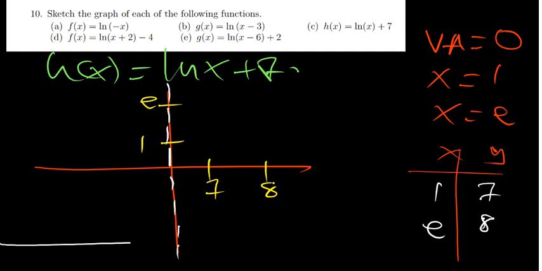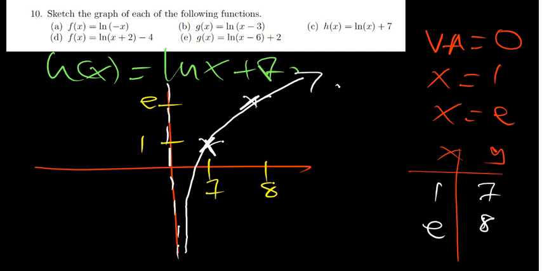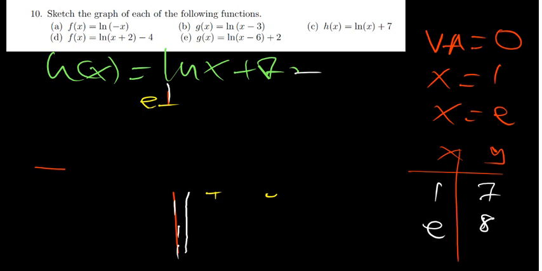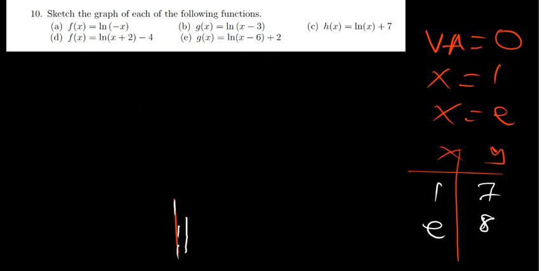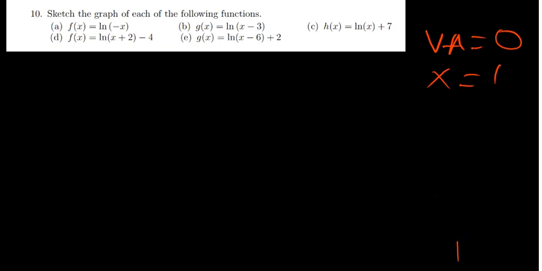Horizontal is in this line, vertical is there. So now we are saying 1, 7 is this point. e, 8 is this point. Running away from the asymptote, going there. That is our graph. A very nice graph. Okay, now from there, we can go to part D.